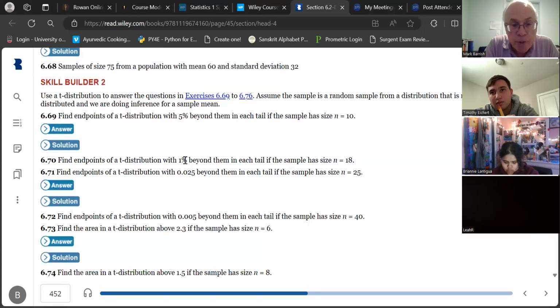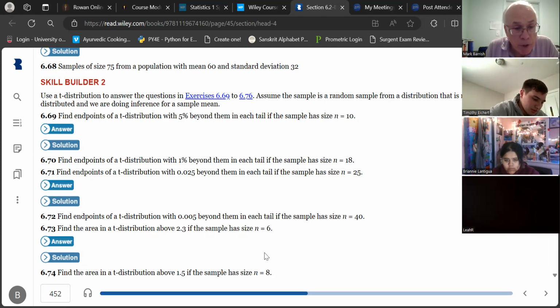That leaves 98% in the middle. And so when we want to use the inverse t, we're going to have 98% in the middle plus the 1 on the left tail makes 99%. That's where we're going to enter area. And our degrees of freedom would be 17, 18 minus 1. Any questions about that?